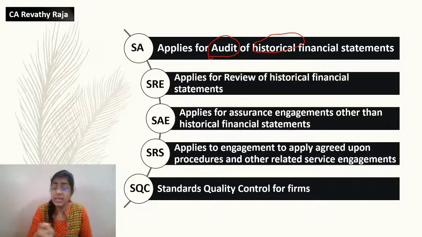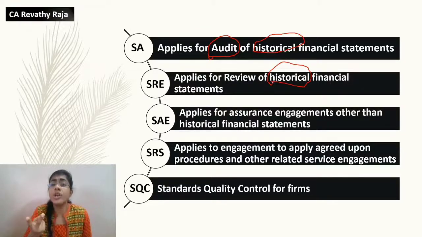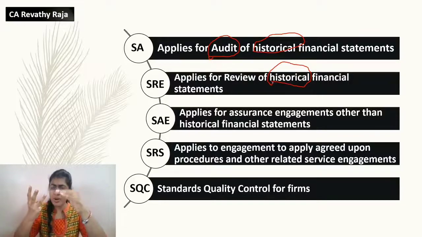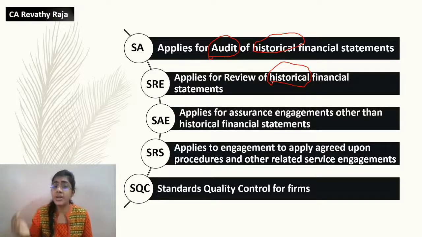But like SA, SRE is also applied for what? It is also applied for historical financial information. To conclude, SRE is applied for review, like quarterly historical financial statements itself, where you will be giving what assurance? Limited or moderate assurance. It is not reasonable. Clear? This is SRE.